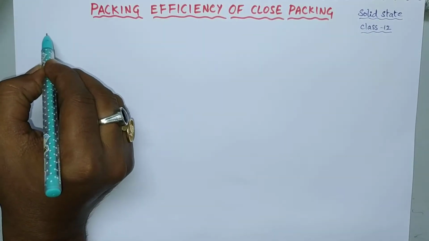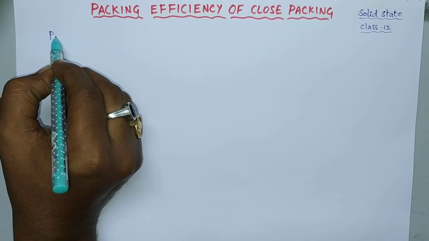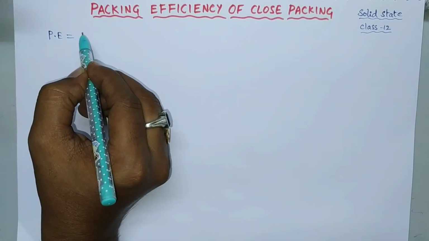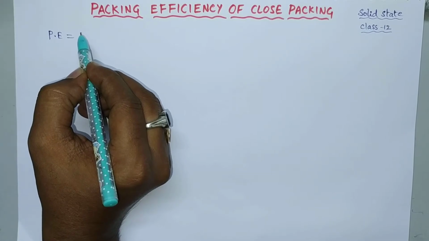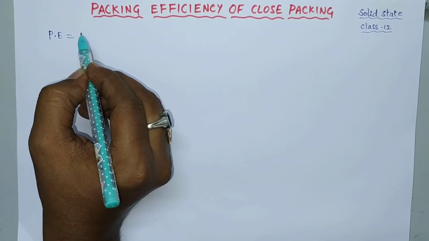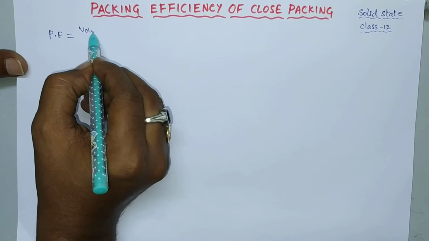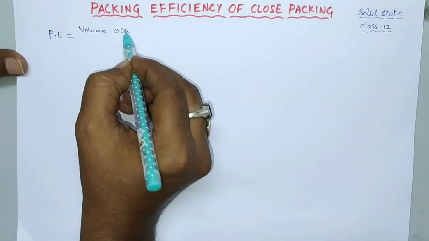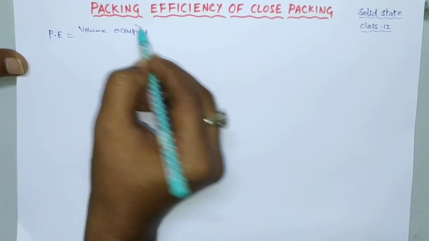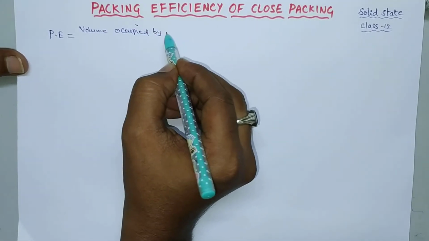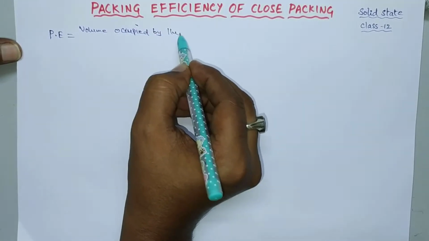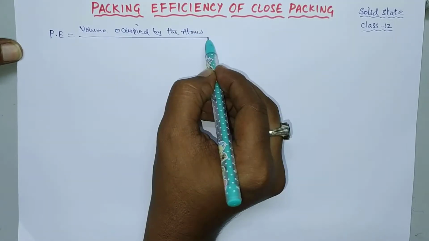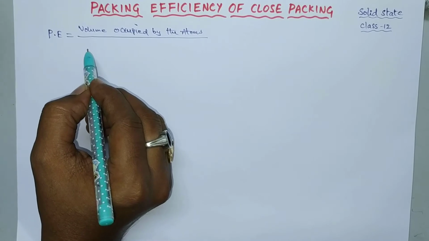So the packing efficiency can be defined as the volume occupied by the total number of atoms present in the cubic system, upon the volume of the cubic unit cell.